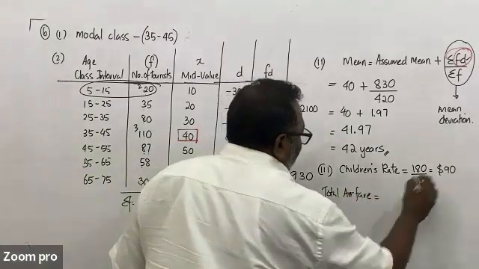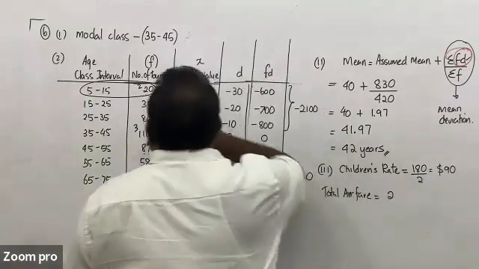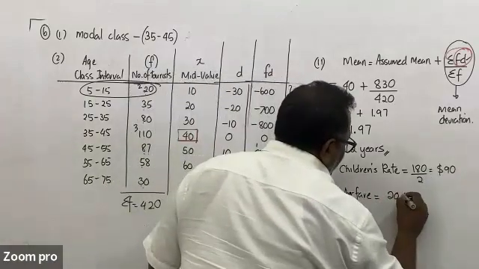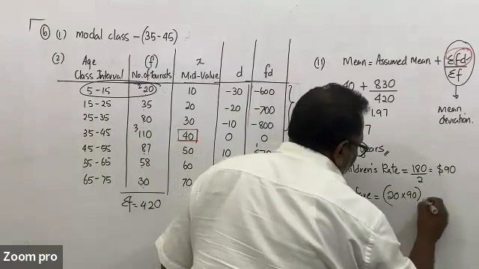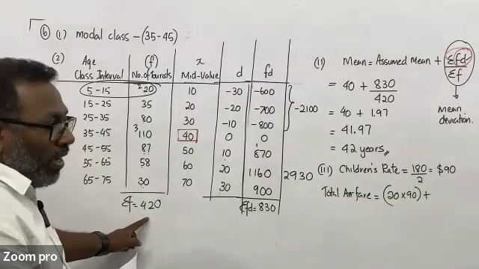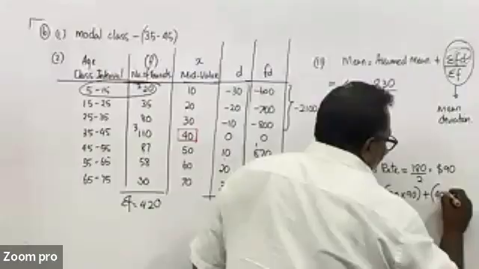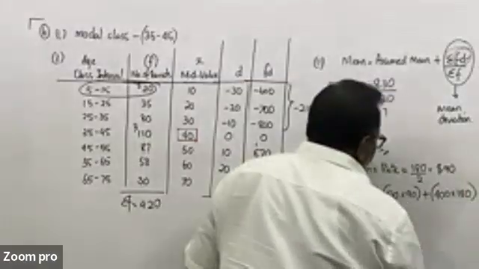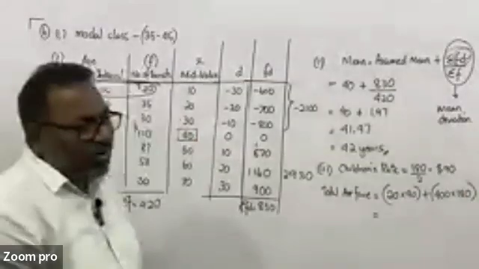Total airfare, 20 children at $90 plus 400 children, because 20 we are reducing from here, 400 at $180. That's going to be your total cost.